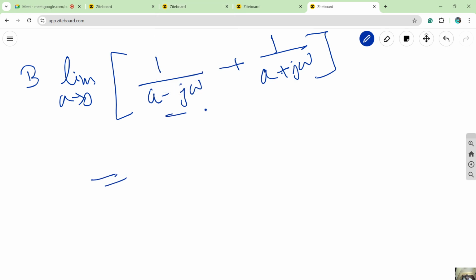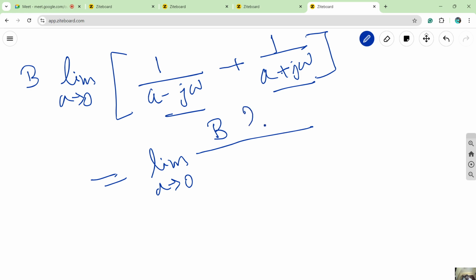So then it is a minus b and a plus b. So it becomes limit a tends to 0 of b by 2 j omega by a square plus omega square. And there is a factor a also.